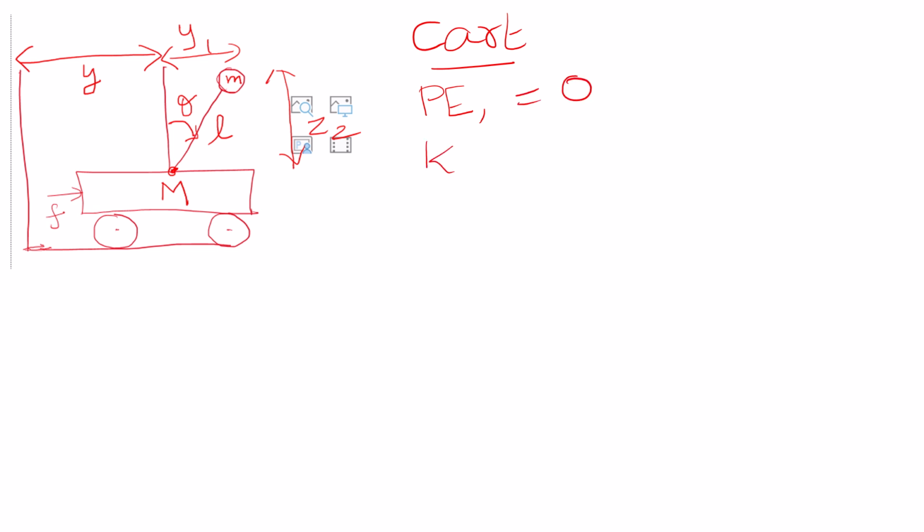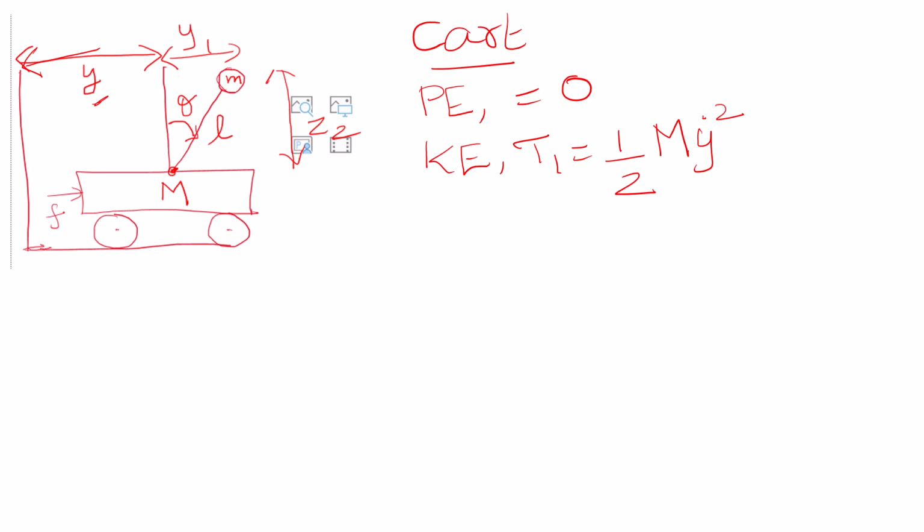The kinetic energy of the moving cart, let us denote it as T1, will be equal to half into the mass of the cart, capital M, into the velocity squared. If we represent the position of the moving cart from the reference as y, then the velocity will be y dot, squared.